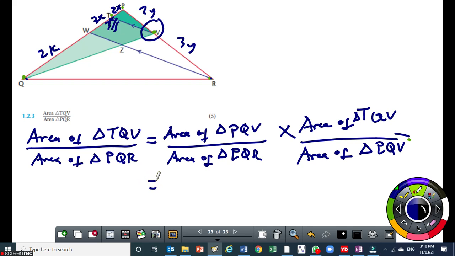So, how would you find the area of PQV? We use the dimensions that we know. For the length of QV, I can use another letter. So I've got Y, I've got X, I've got K. Let's use M.